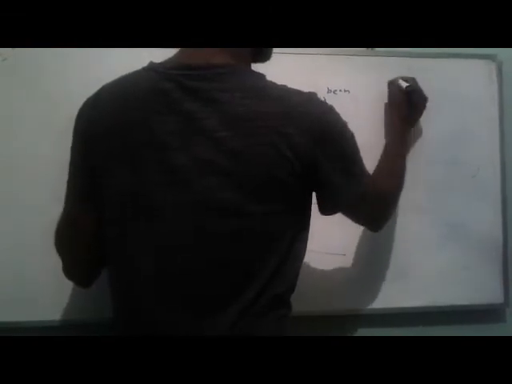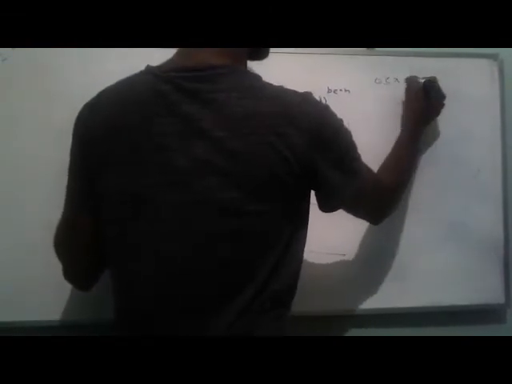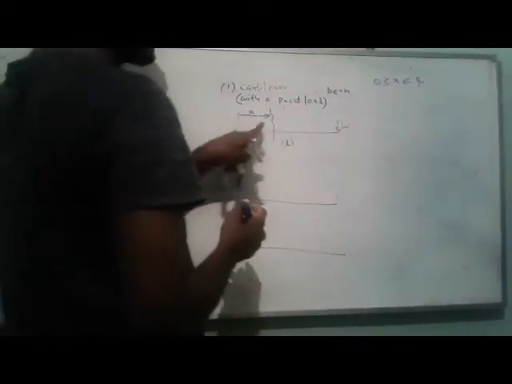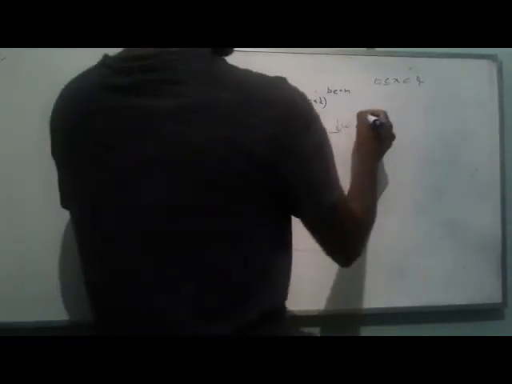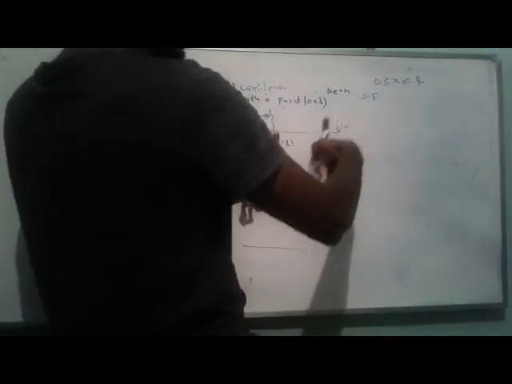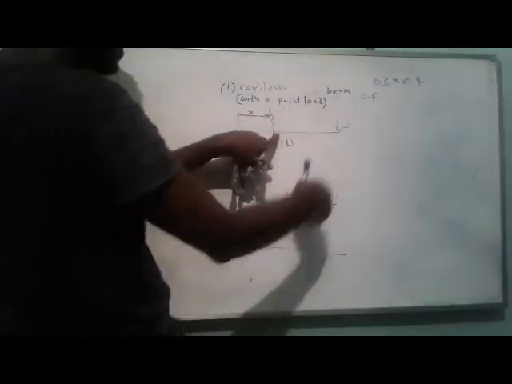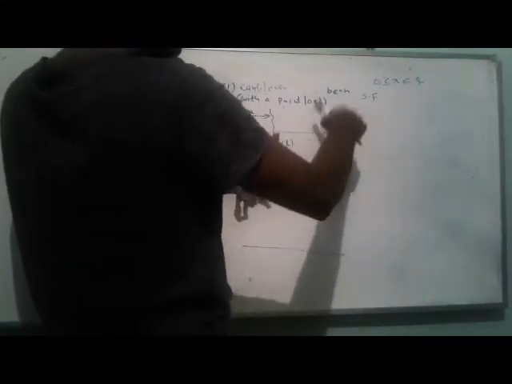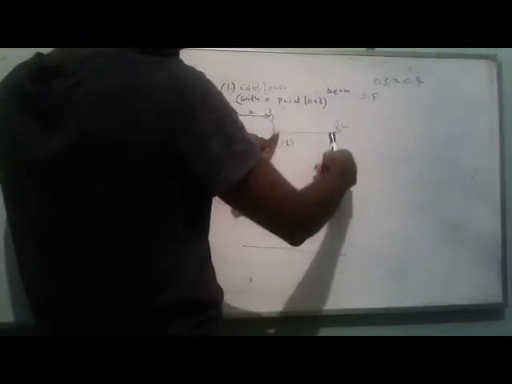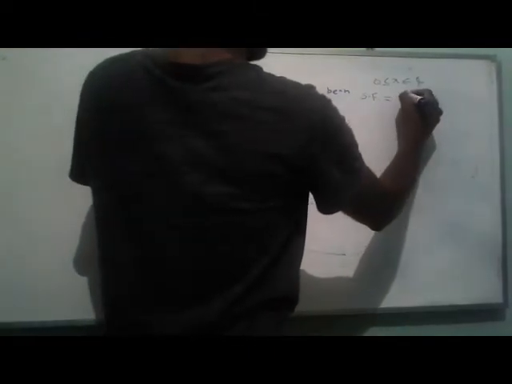X is greater than or equal to 0 and less than or equal to L. This length is L. Then you consider the equilibrium of this section. Shear force, when we consider this section, this is a clockwise shear force. Due to this load W, it creates a clockwise shear force, therefore it is positive.